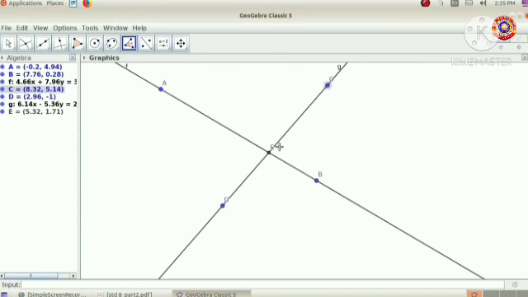You know that while measuring angles, we have to use the clockwise direction. Okay. See, the clockwise direction is this. So, I have used the points in these directions.